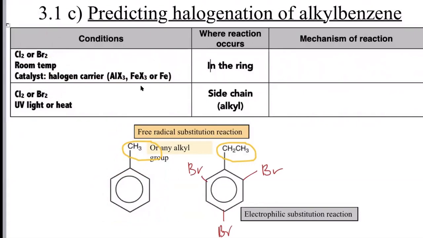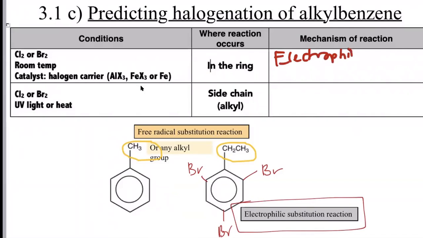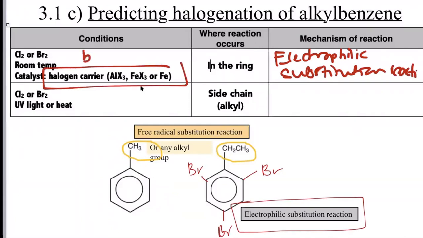That mechanism is called the electrophilic substitution reaction, because this is for benzene. So please write that down. Electrophilic substitution reaction. So this is the condition for benzenes or arenes.